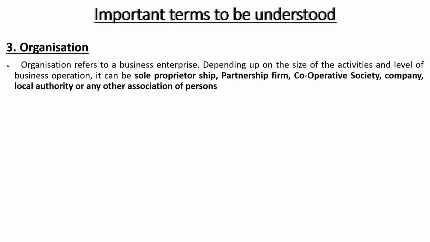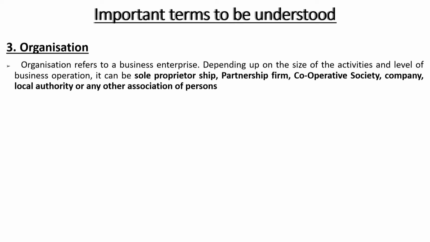The third important term to be understood is organization. For our purpose, organization refers to a business enterprise. The meaning of the organization may be different in other contexts, but as far as we are concerned, organization refers to a business enterprise.